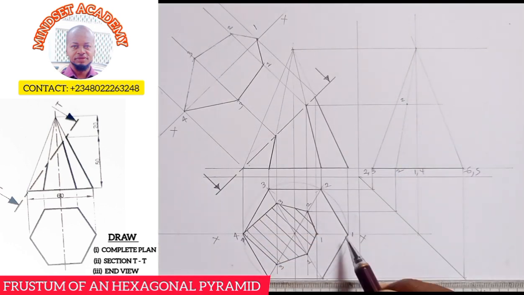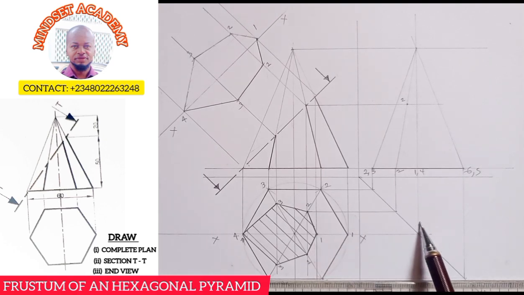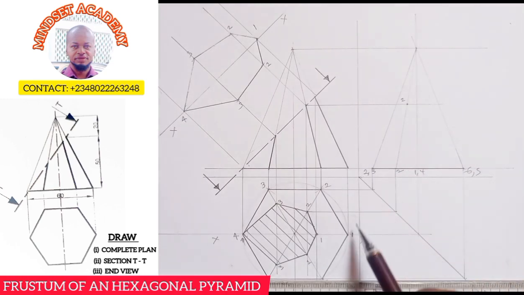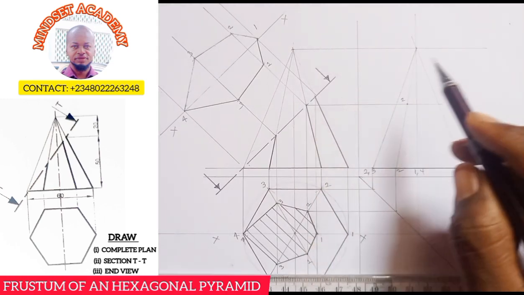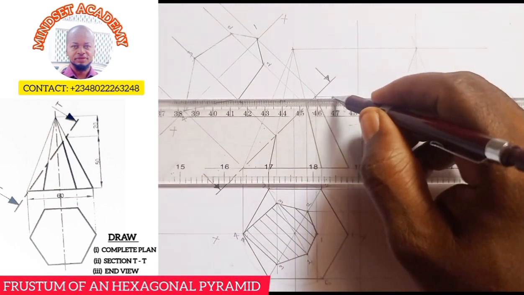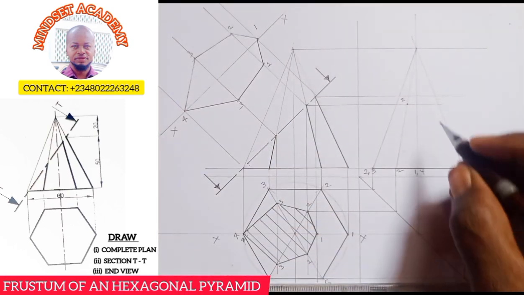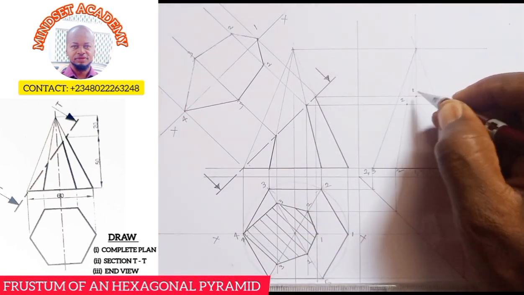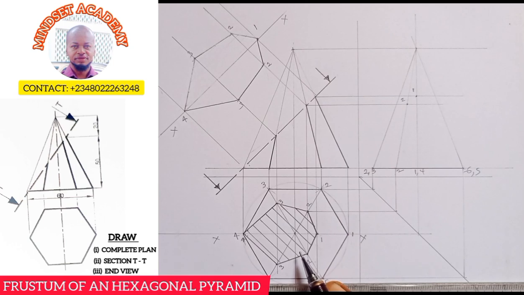Similarly, if I go to point 1, this is 1 here, this particular one here. If I project it, it will be meeting, and this is line of point 1, 2. So I'll come here and I'll project this. So where 1 and 1 meet is another point. I'm talking about this one in here.